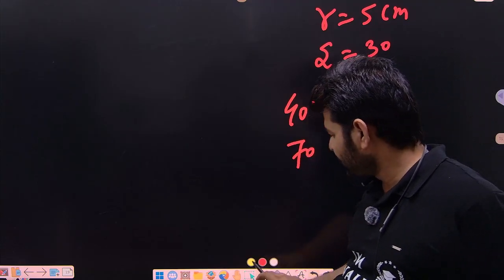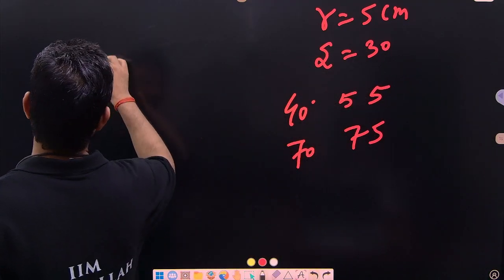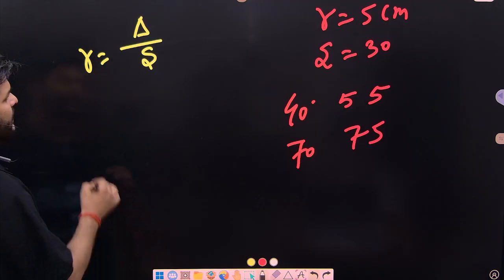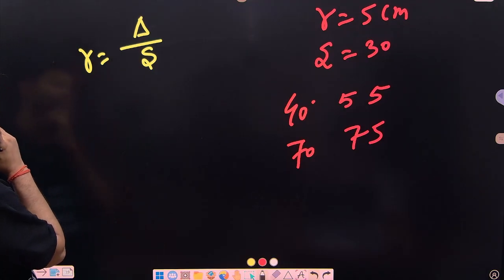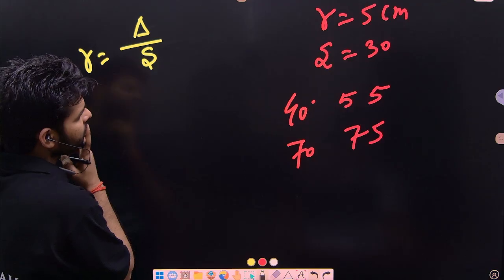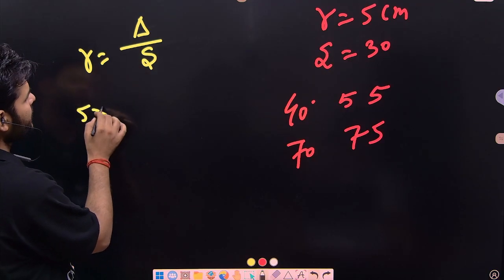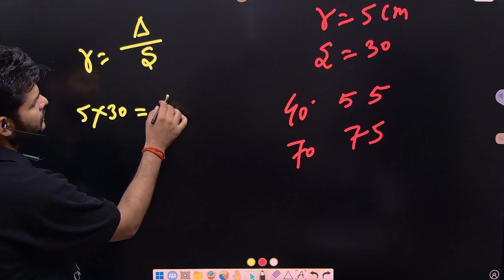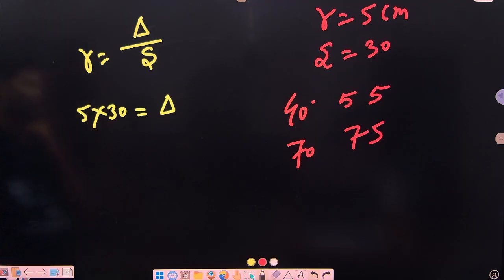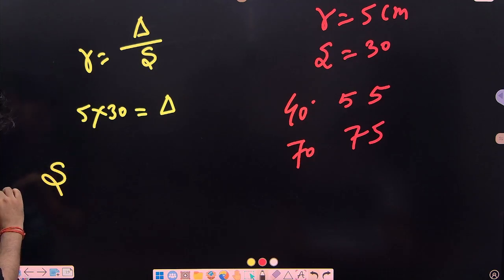We know the formula well. The incircle radius is equal to area upon semi-perimeter. S is called the semi-perimeter, 2S is called the perimeter.